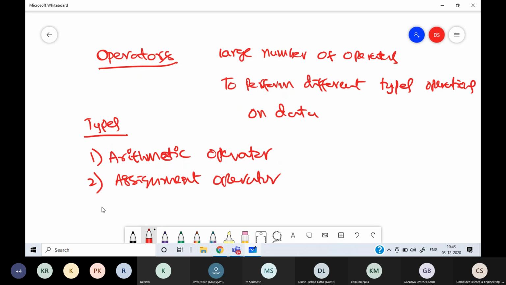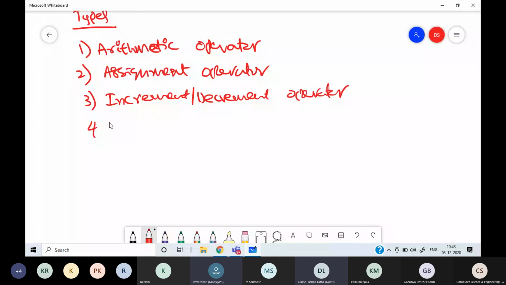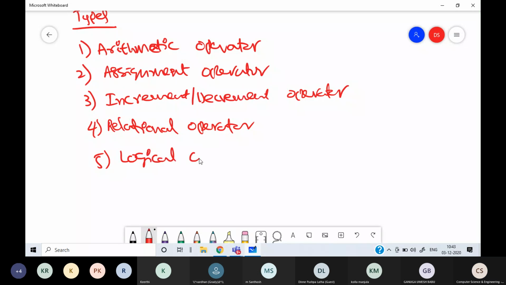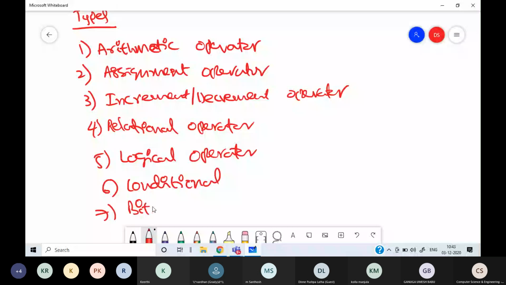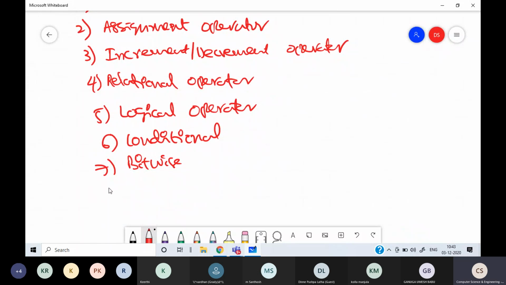Then the increment and decrement operators, bitwise operators, relational operators, logical operators, conditional operators, and finally special operators.